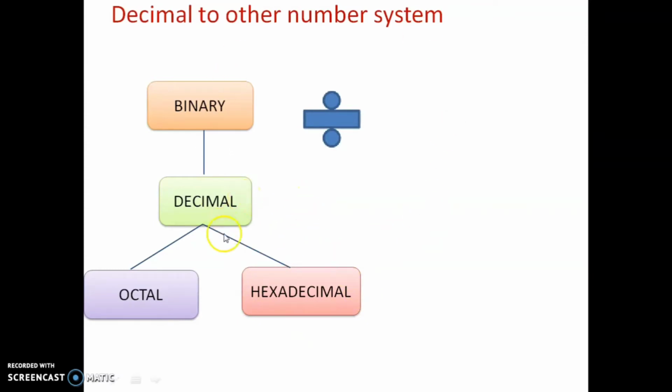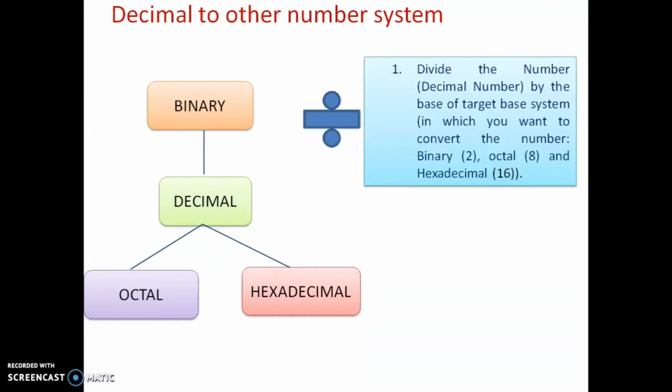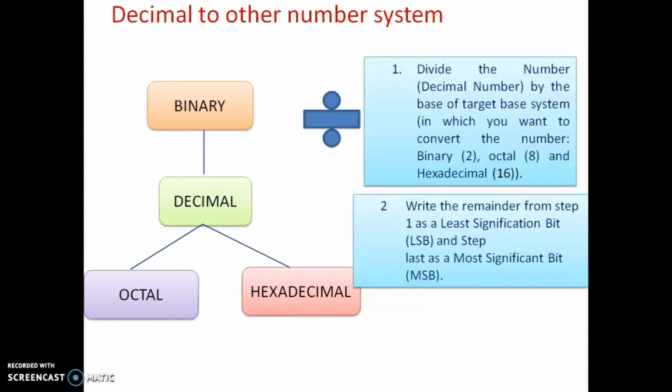First, divide the decimal number by the base of the target number system and note the remainder. Note the first remainder as least significant bit. Then, divide the quotient of previous division by the base and note the remainder.